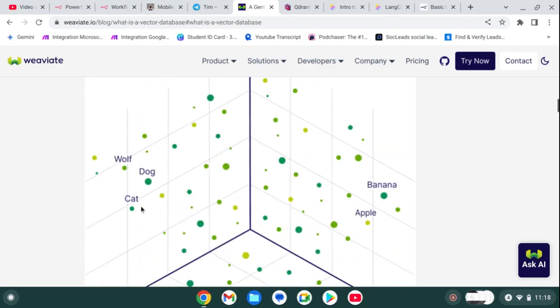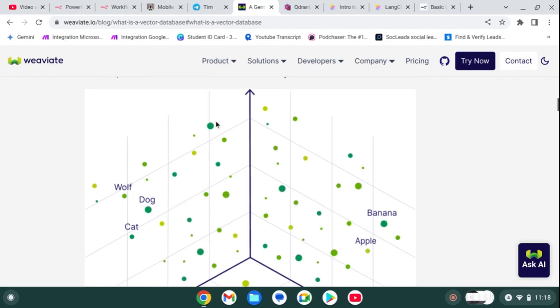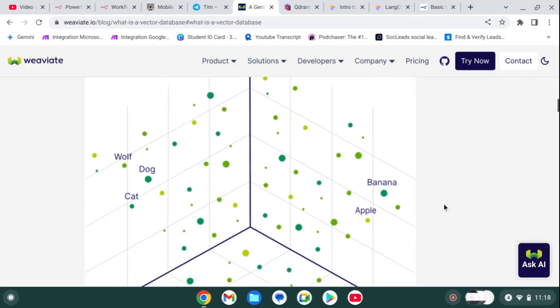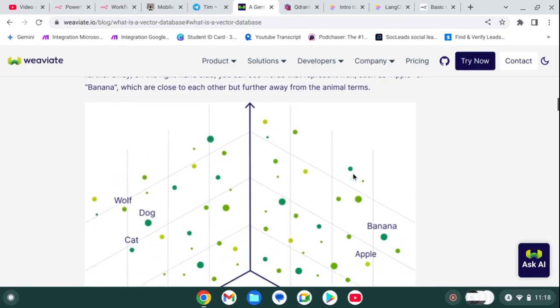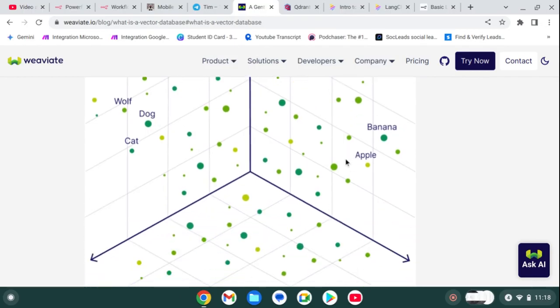This is the category of pets and animals. But dog and cat are domestic animals, so they can be in the same bracket, a little bit closer. And these are the fruit category.